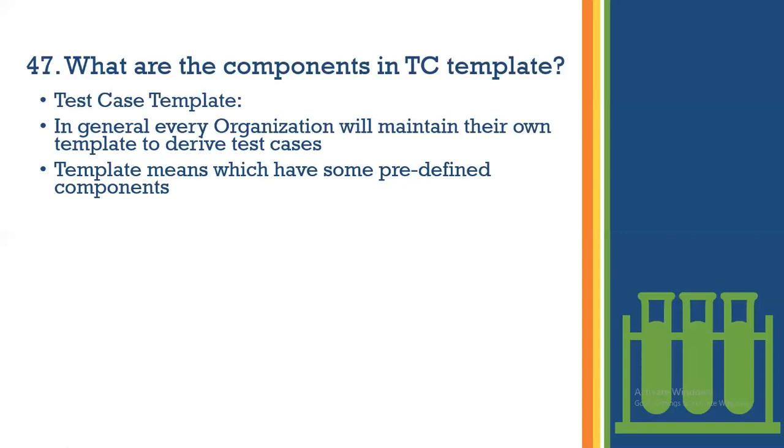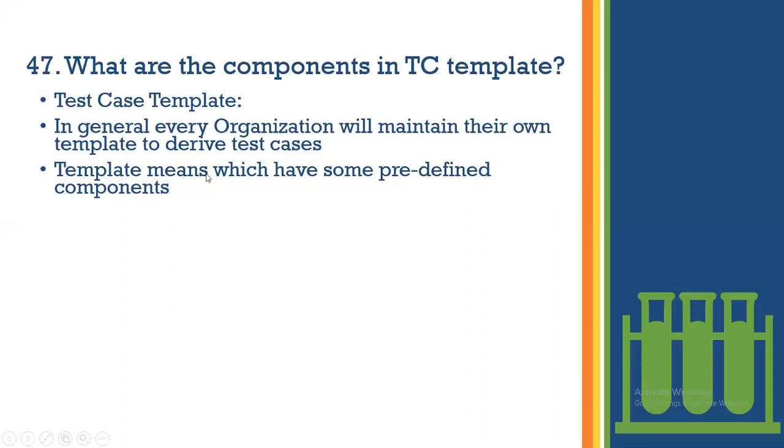Also the differences: retesting, regression testing, smoke test, sanity test, verification, validation, static testing, dynamic testing. You should also know the difference between system testing and functionality testing. These types of questions are mandatory to be asked.